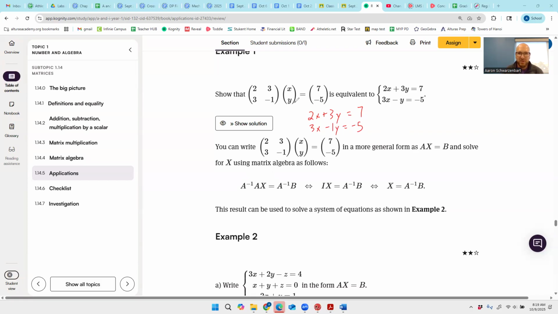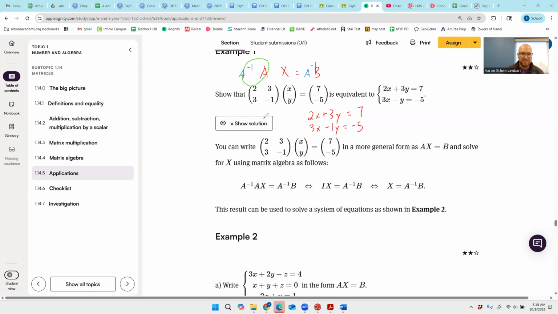What they're going to do below here is call this matrix A, this matrix X, and this matrix B. To solve this, I could multiply by A inverse. This becomes the identity matrix.